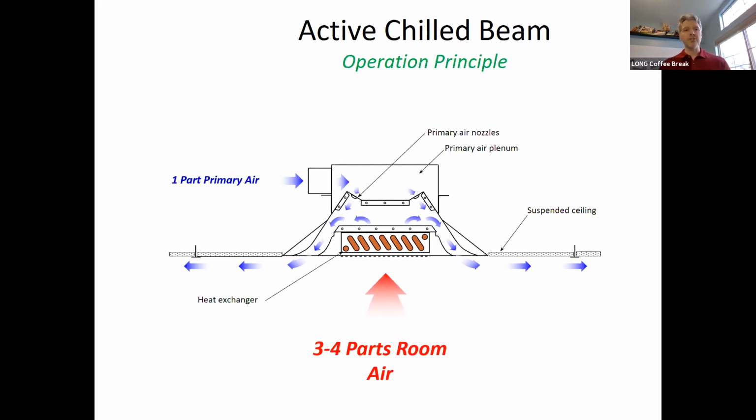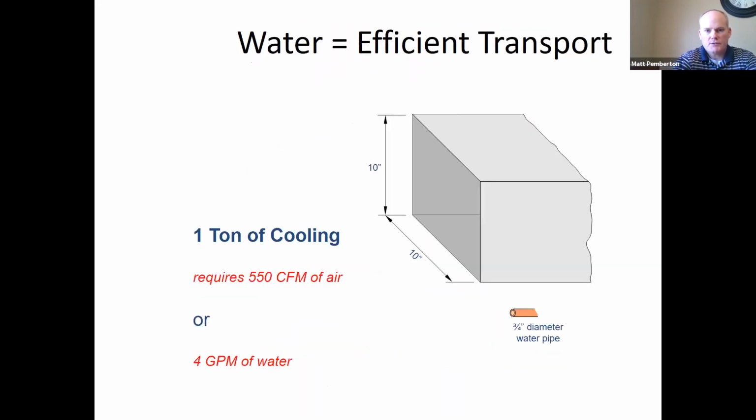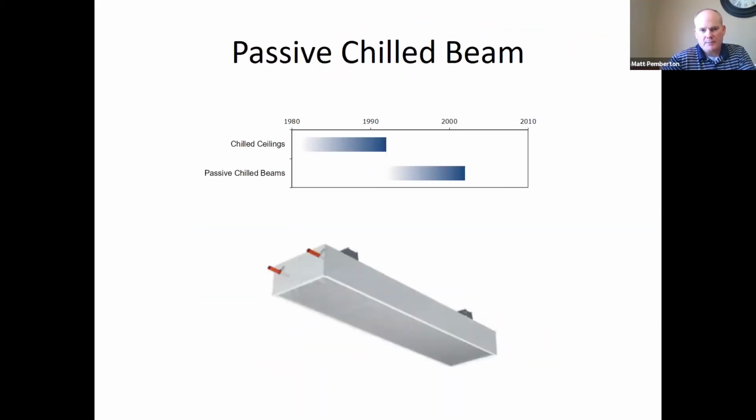You mentioned that convection would be the primary heat transfer with passive chilled beams. It seems that radiant transfer would also be significant as well? Question mark. So the problem with passive beams, let me go up and look at them again here, is there's not much radiant to be had because that perforated spot you see on the bottom here is not the coil. It's a perforated panel that air comes down through.